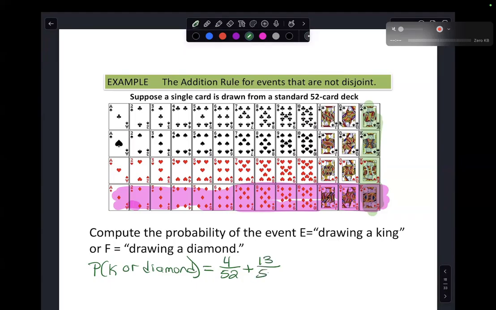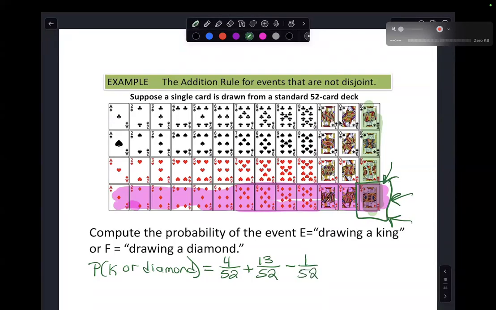Notice this one right here. I highlighted it twice. So I counted it in both the kings and in the diamonds. Therefore, I need to subtract one of them away. That's the overlap.